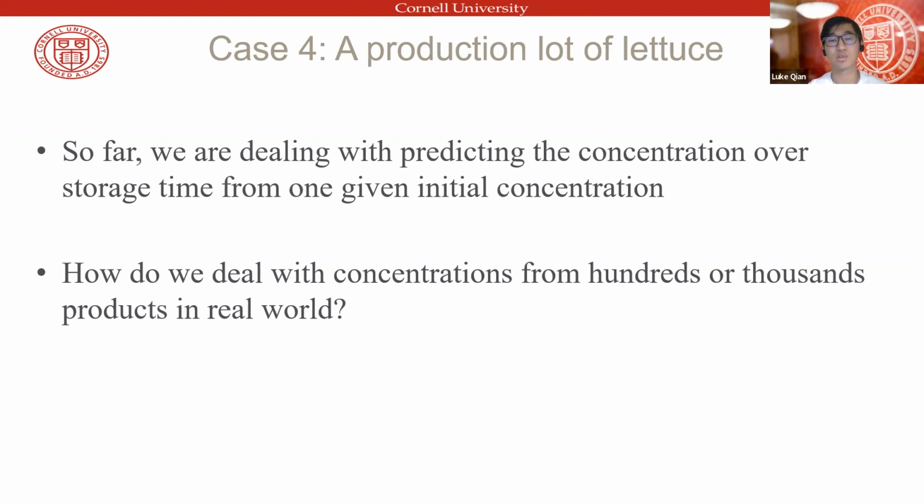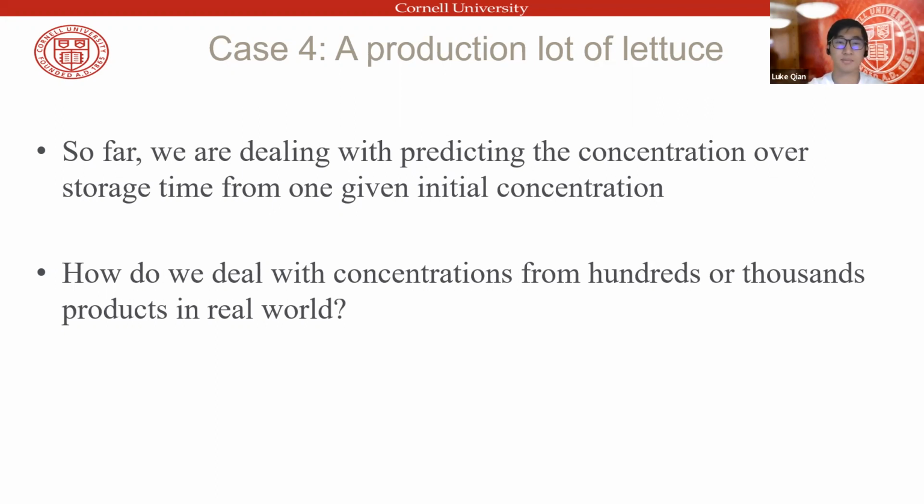How do we deal with concentration from hundreds of thousands of products in the real world? As a company, you are probably receiving hundreds of thousands of products every day, and we cannot guarantee their initial bacterial load are the same. So we have to find a way to represent their initial bacterial load as a whole, as a population.